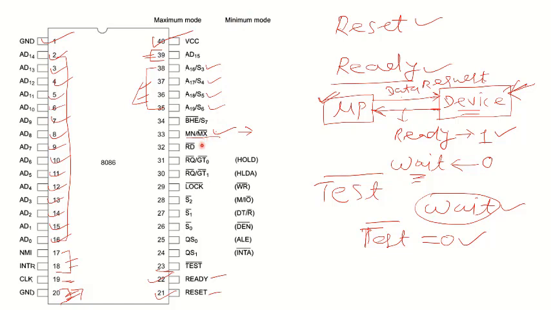We have discussed minimum and maximum mode. The next pin is RD bar, which is basically the read signal.